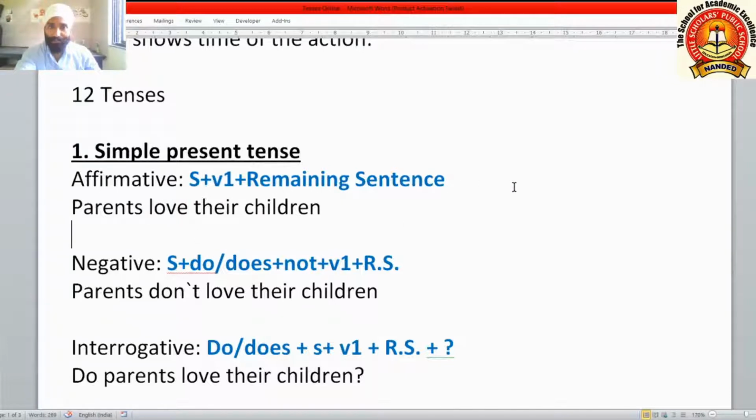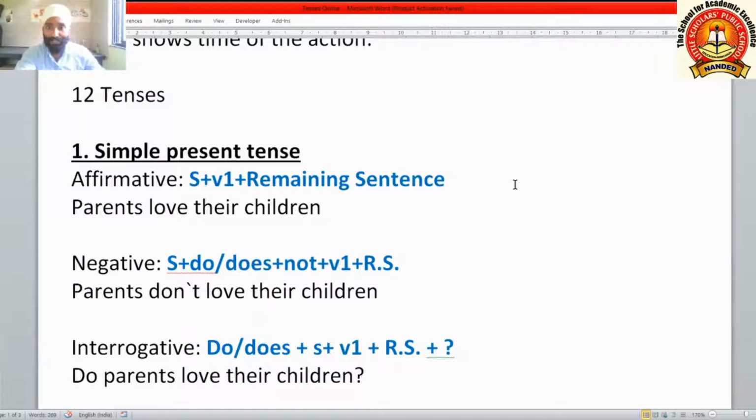If you take a singular subject, Rohit loves his children. Here you are using loves because Rohit is singular. So if any noun like Rohit or any singular subject comes, you use the S form of the main verb in simple present tense. Here parents is a plural noun. This is why we are using love, not loves.